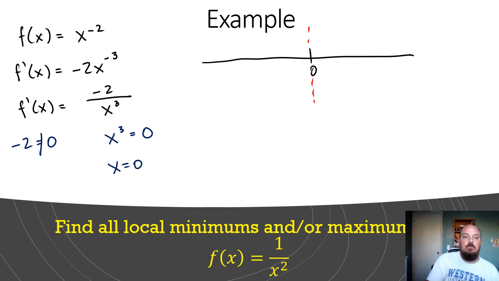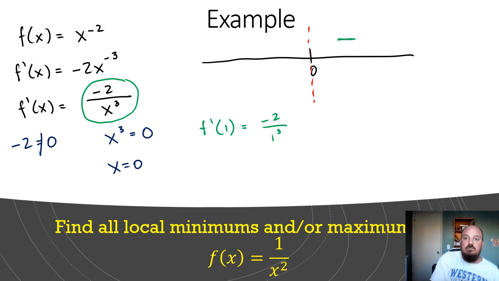I'm going to plug in my numbers right here. This is f prime. So let's say I pick a +1, and I'm seeing what happens on the right-hand side over there. So if I plug in +1, I get -2 over 1 cubed. That's a negative number. It's -2 over 1. So we get negative. That was when I plugged in the positive that was on the right.